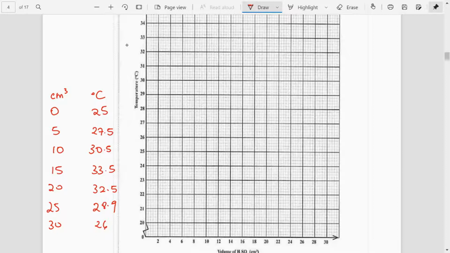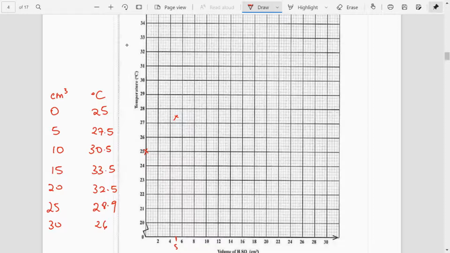At 0, we'll have 25 right here. At 5, we'll have 27.5. 5 would be about right here. 27.5 would be halfway through, right there. At 10, we'll have 30.5.